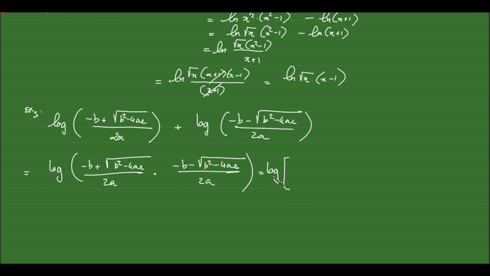Now, think about this. Over here is minus b, so I can rewrite this as square root of b squared minus 4ac minus b over 2a. Just switch the position. And this one I factor the minus out, so it becomes square root of b squared minus 4ac plus b over 2a.